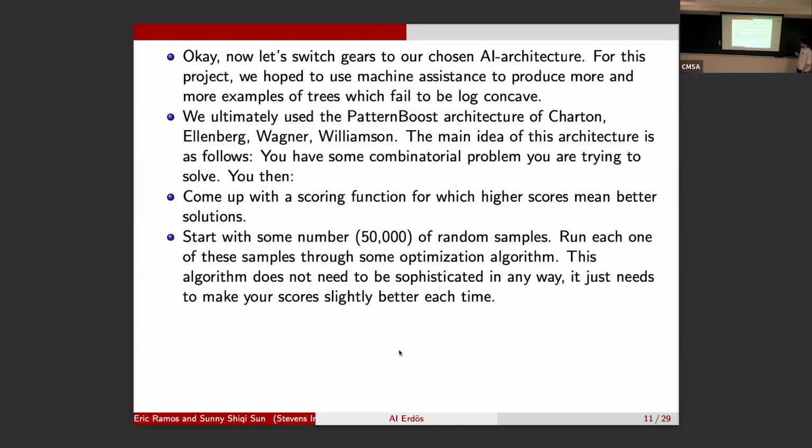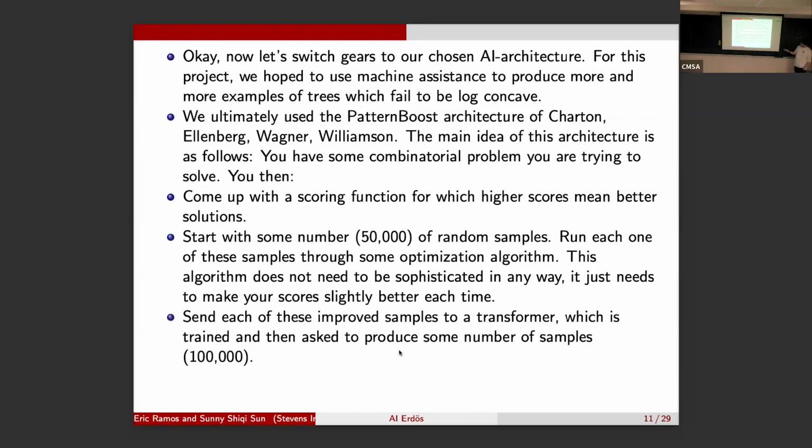Now, importantly, kind of the bitter lesson, as it were: this algorithm does not need to be sophisticated. We're not looking for some ultra-optimized anything. It can be just a greedy algorithm. But the point is that the optimization algorithm just needs to make your scores slightly better each time you run it.